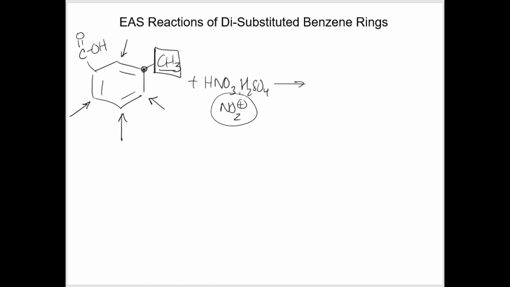Now, you could say, well, if they're both activating, the one that's more activating. If it's an activating versus deactivating, activating wins. If it's two activating groups, the one that deactivates the less wins. How about just the one with the higher number? And so in this case, the methyl group is the director.